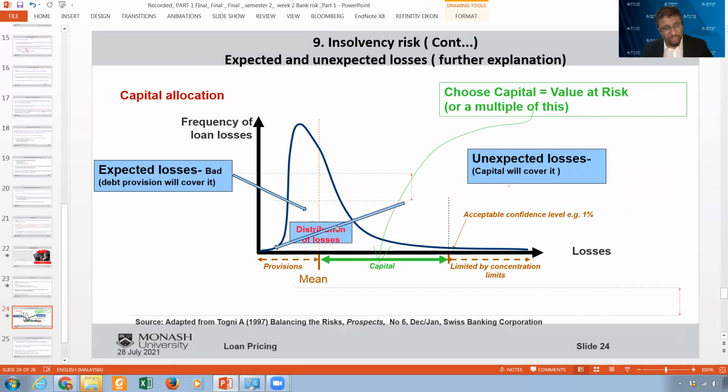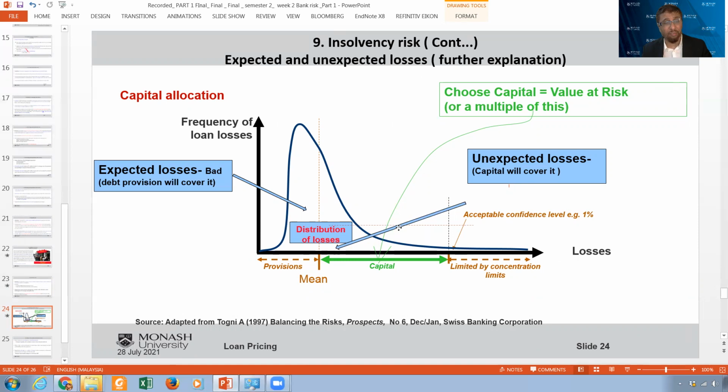If I eat all of this, which is the provisions, for example, I expected high credit risk, so I'm making provisions, which are reserves for those credit risks, or market risk or any other risks. I will consume this one. But when I reach the point of the expected losses, and the unexpected losses come, I will start to take the capital.